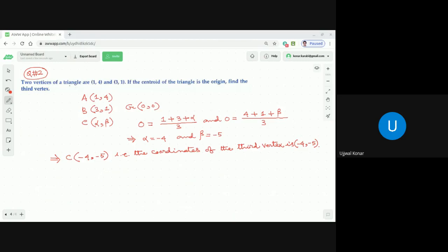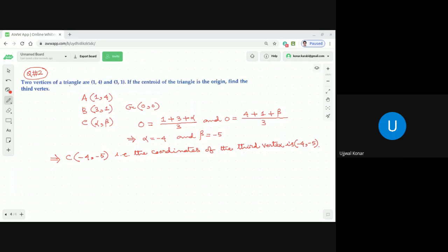Then what I will suggest is to solve some problems from this section, and then I'll give you the assignments, and you need to solve those assignments.